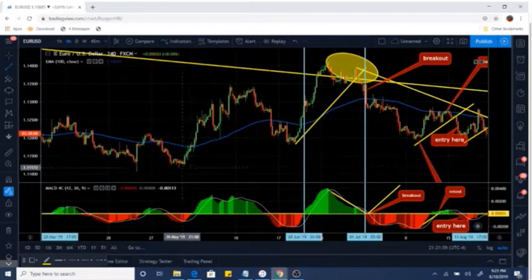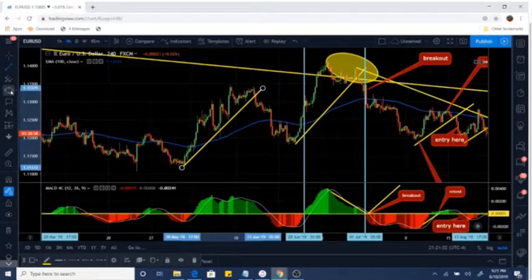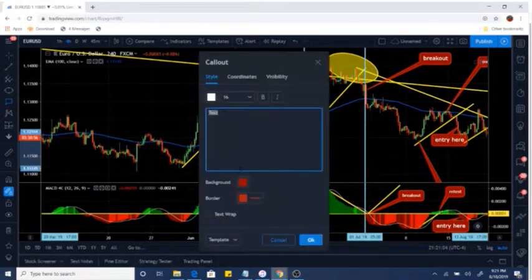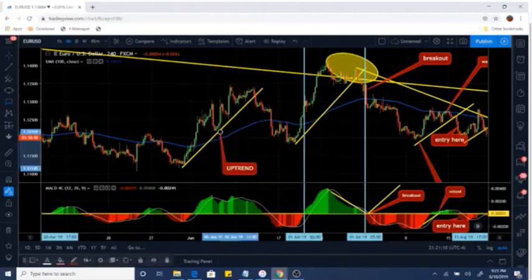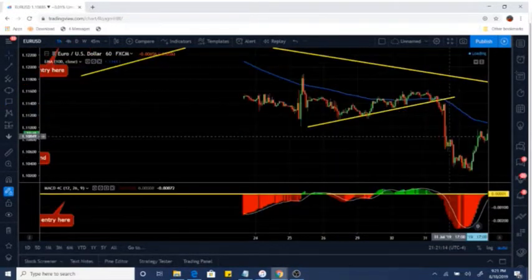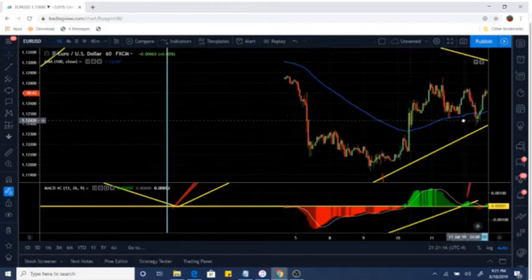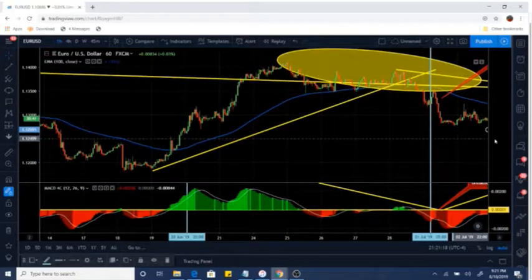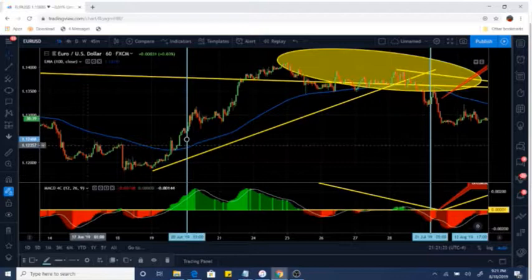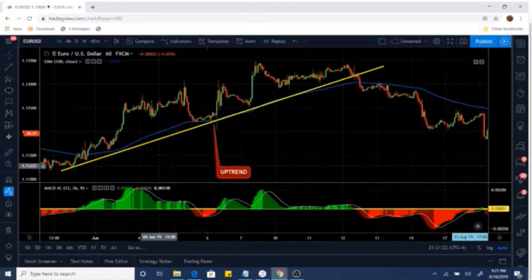If I'm in a true uptrend, the trend is up. So when I go down to the 1 hour or the 30 minute for my entry, no more than 1 or 2 time frames down. All right, so this is my uptrend.